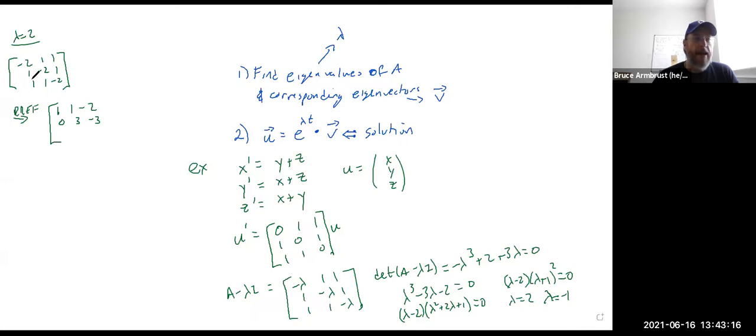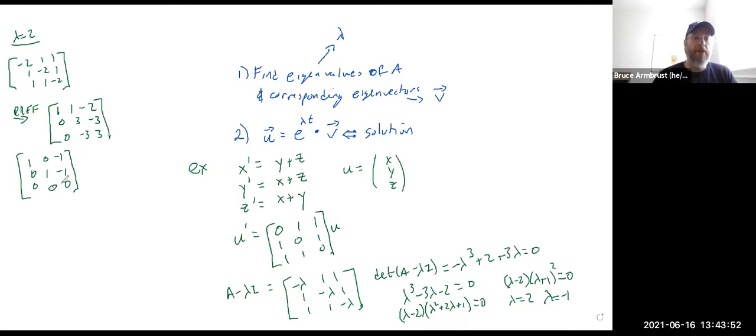Adding -1 to that gives me a 0, -3, 3. Those guys, of course, cancel. And then when I use that to reduce the top row, -1 plus 1 should give me this. All right, so there it is in reduced row echelon form.